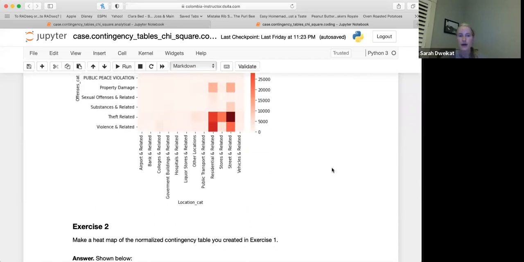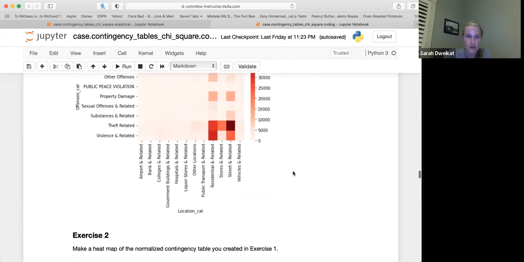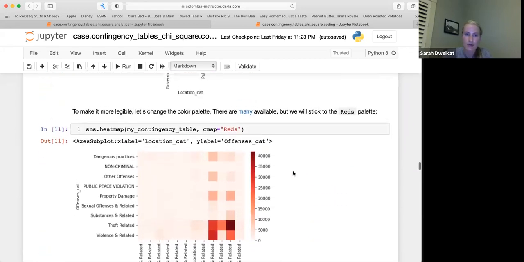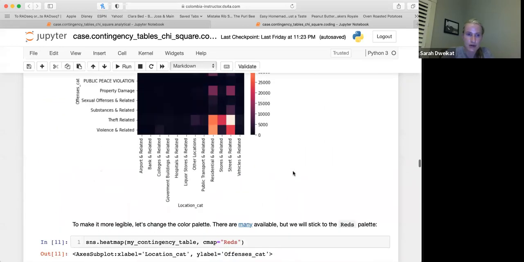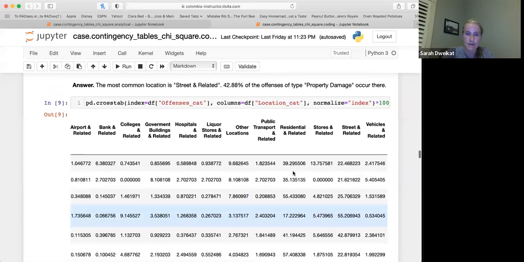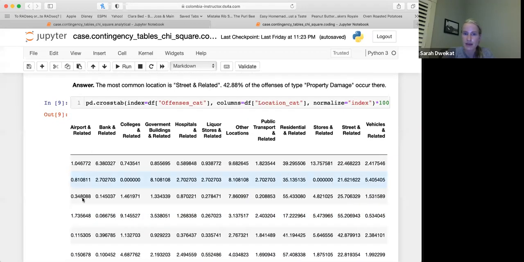Okay, so let's also go ahead. The next exercise: make a heat map of the normalized contingency table that you created in exercise 1. So let's go back. Remember, we made this contingency table in exercise 1 right here. Remember that we made this table normalized by row.